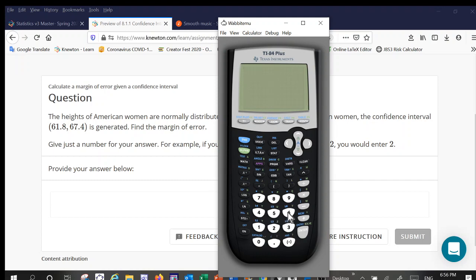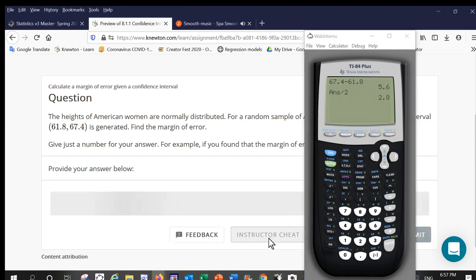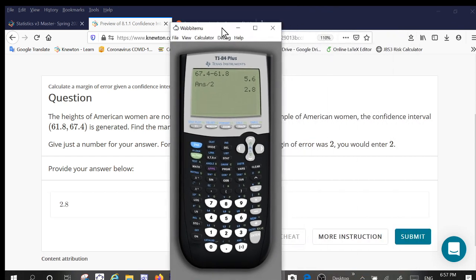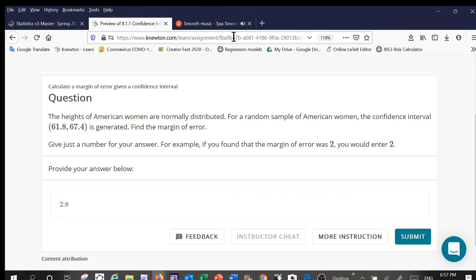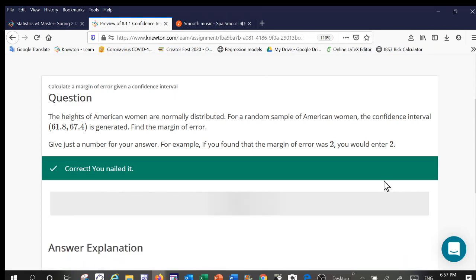So it would be 67.4 minus 61.8, and then divide that by 2, right? So 2.8 is the margin of error, right? All right.